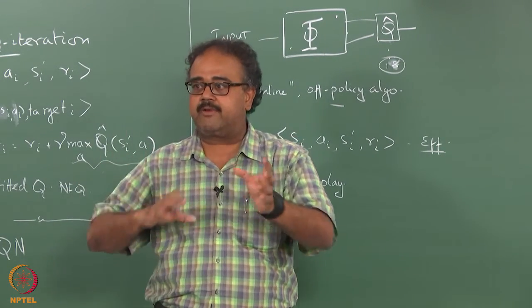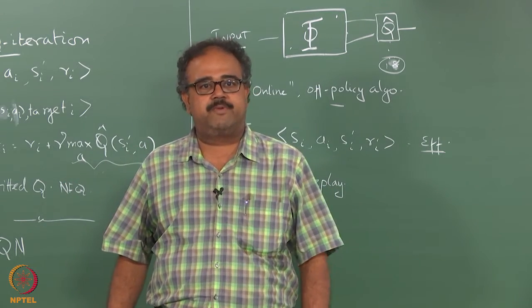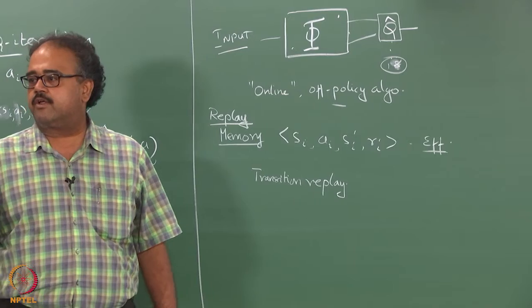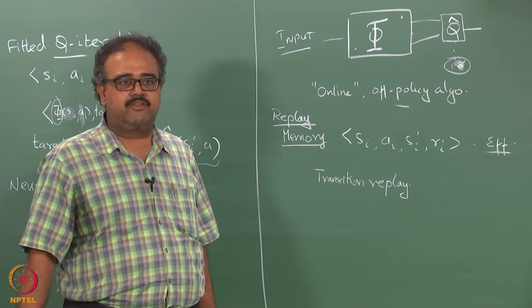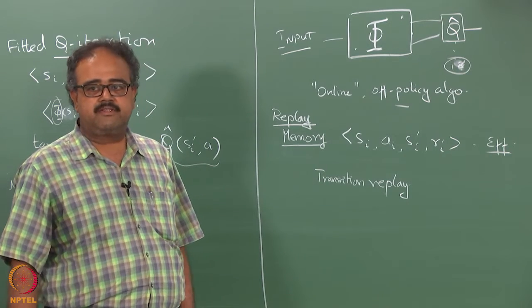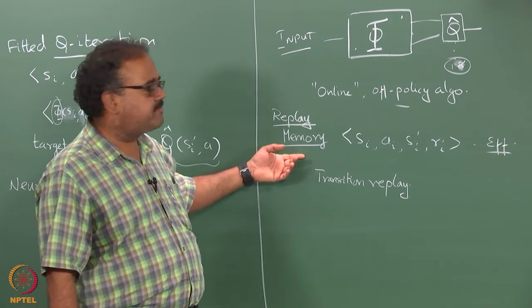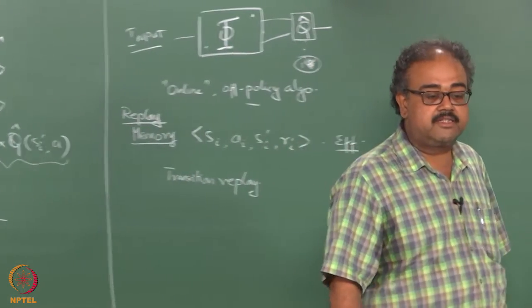This can lead to unbalanced updates in the weight space, right. This kind of transition replay takes care of that also. So these are the three main difficulties which the paper lists out: one is inefficient use, and the others are correlated updates and skewed sampling. All of these three can be addressed by using a replay memory and picking things at the transition level.